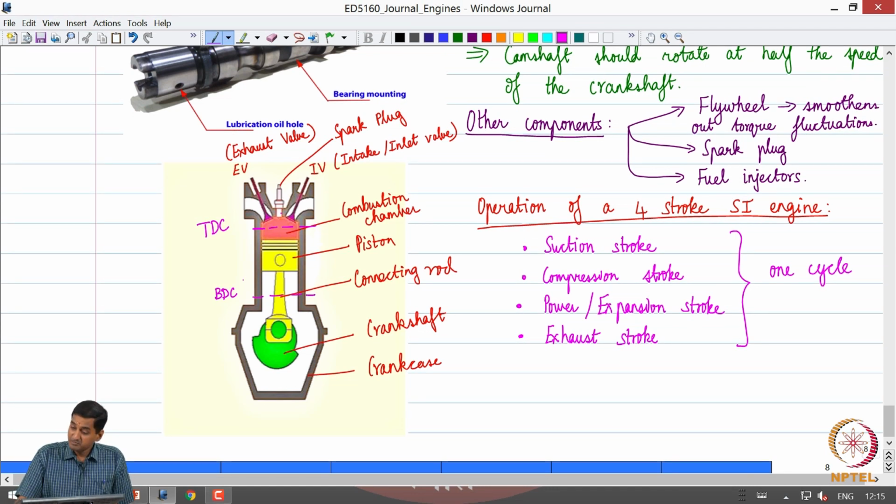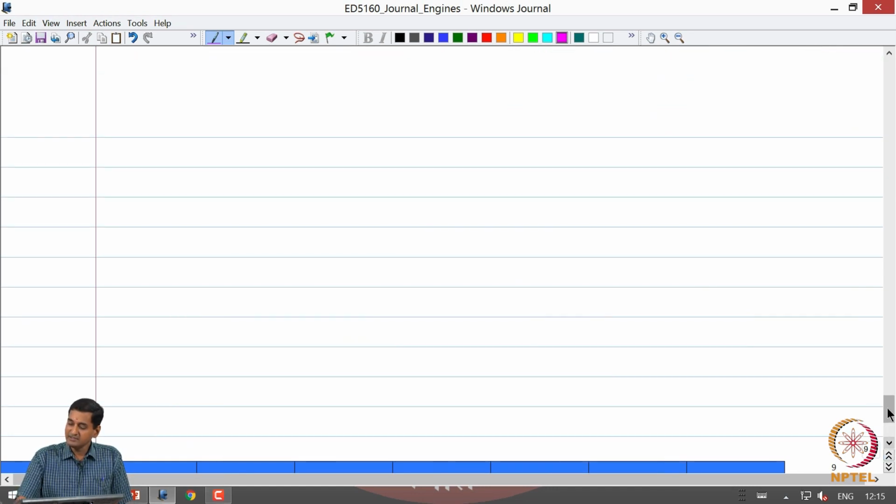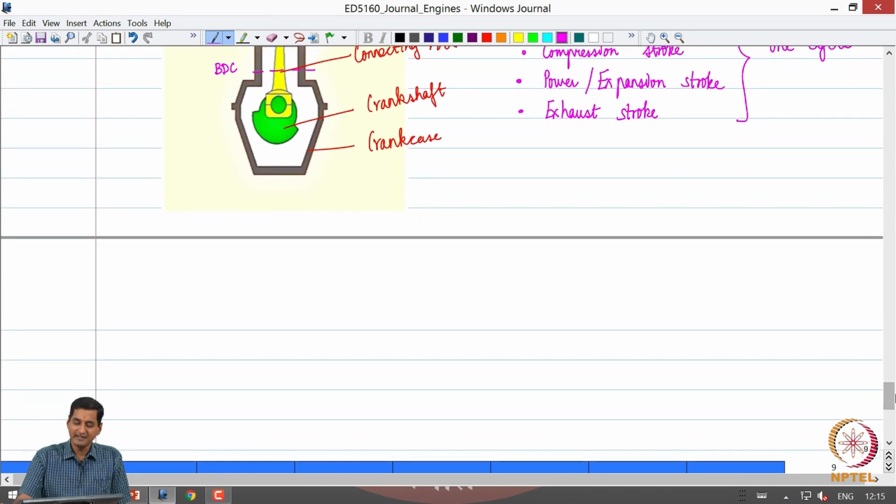Before we look at these 4 strokes in detail, I am going to write down a few definitions concerned with IC engines.